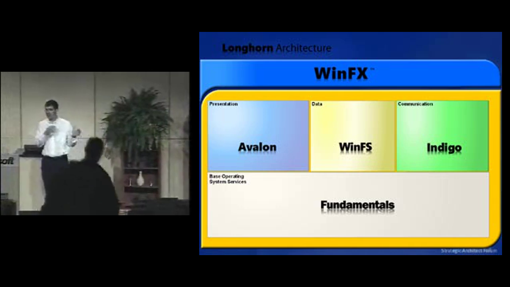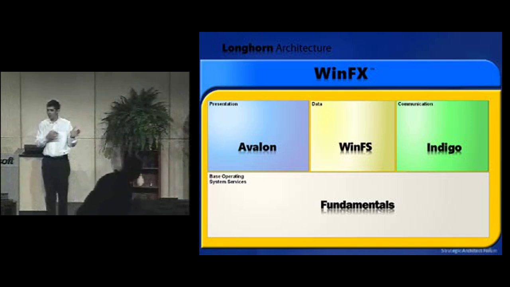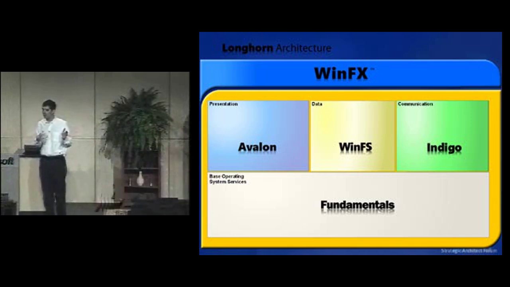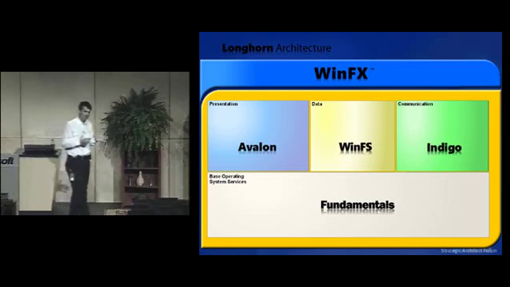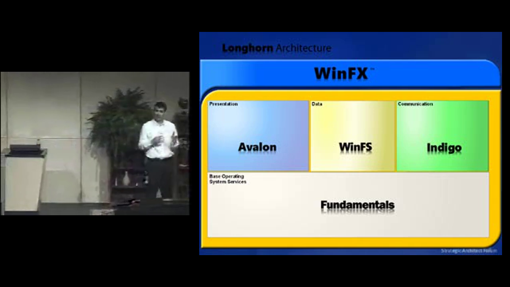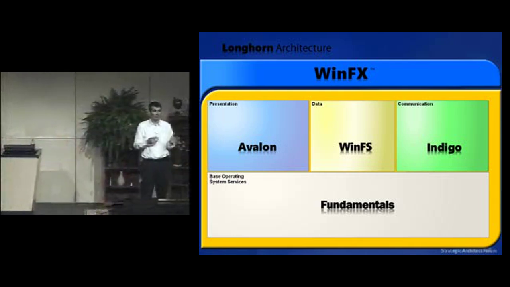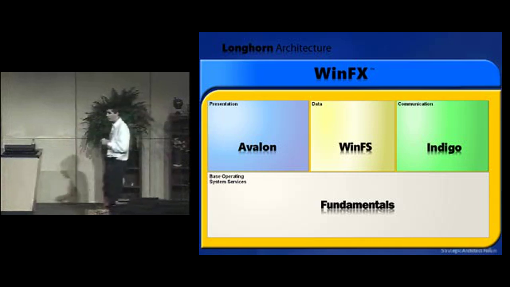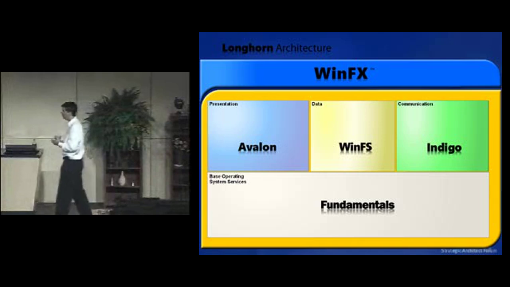Presentation side, codenamed Avalon. It includes more than just the new user interface stack we built, but it also includes existing user interface technology, such as Windows Forms. In the data, in the WinFS side, new file systems, new schemas, etc.